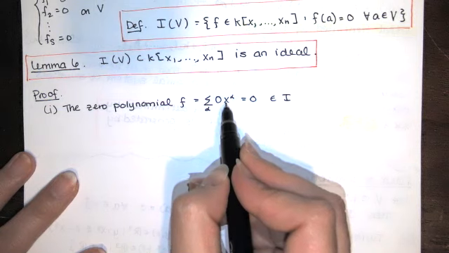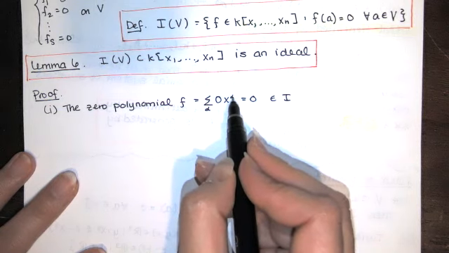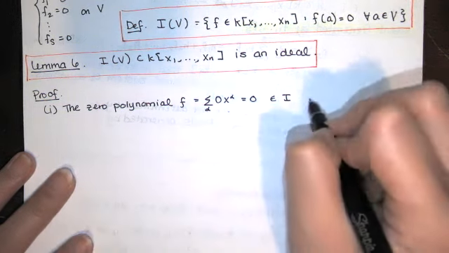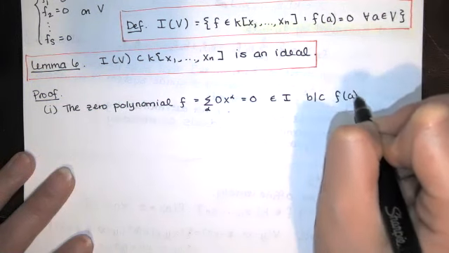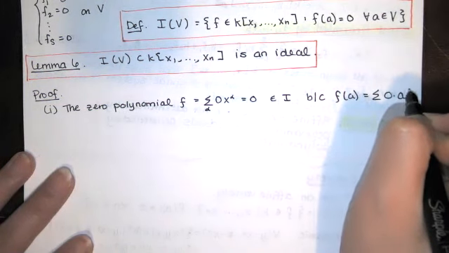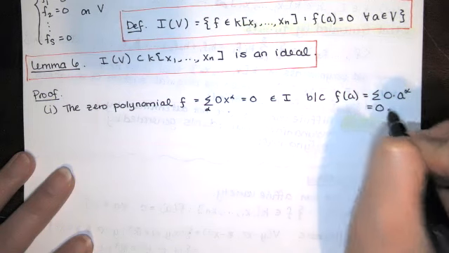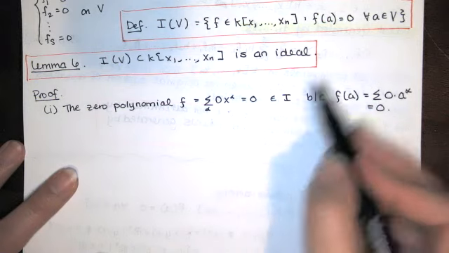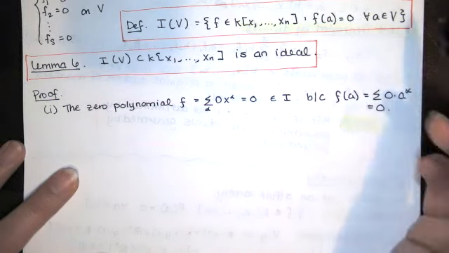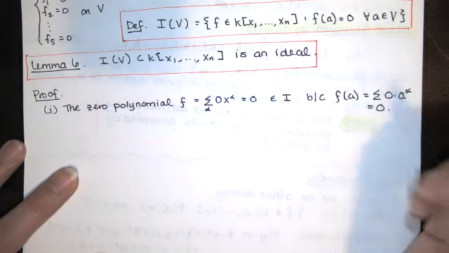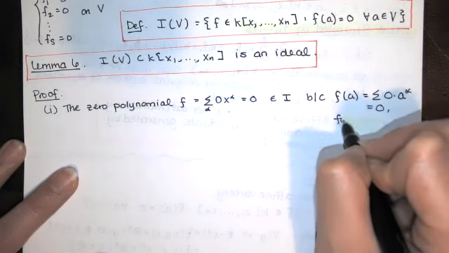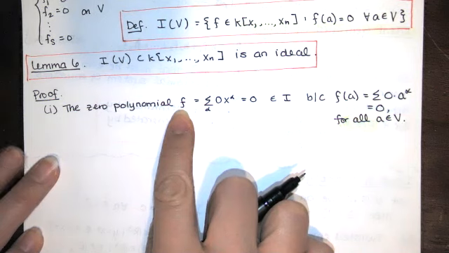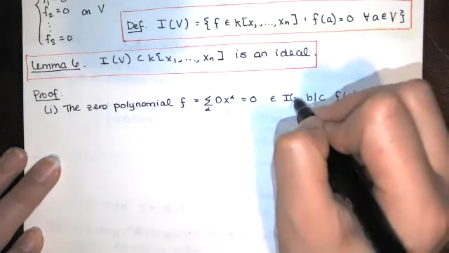No matter what x is, when I raise it to the alpha power and then multiply them all by 0, I'm going to get 0. So the zero polynomial is 0 for all points in the affine variety V. That means this polynomial must belong to the ideal of the variety, I of V.